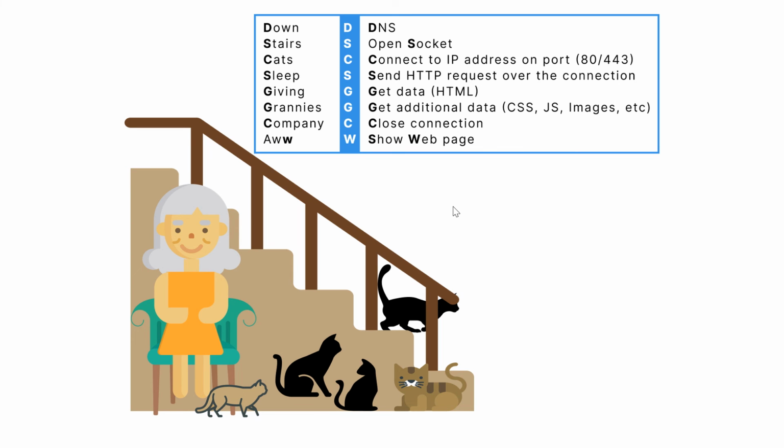And so once we have connected, so the browser's connected to the IP address through the port, obviously still using TCP, then we can go to the next stage, which is to send the HTTP request over the connection. So we're connected to the IP address, we can now send the HTTP request over the connection. And of course, because we're using TCP, we'll need to have done the three-way handshake.